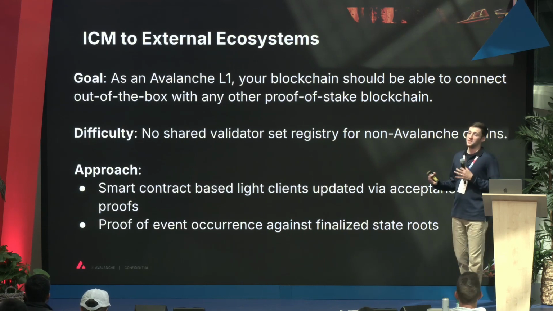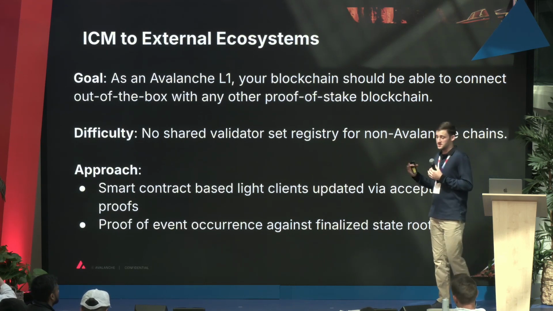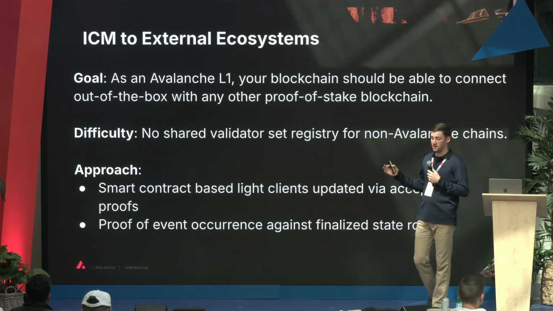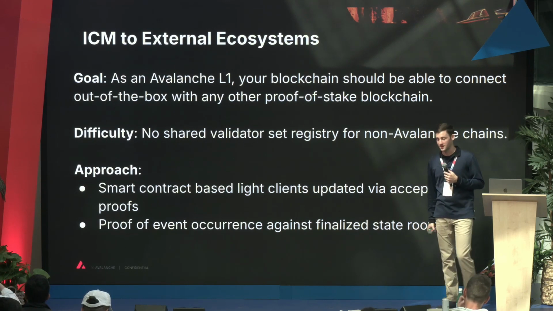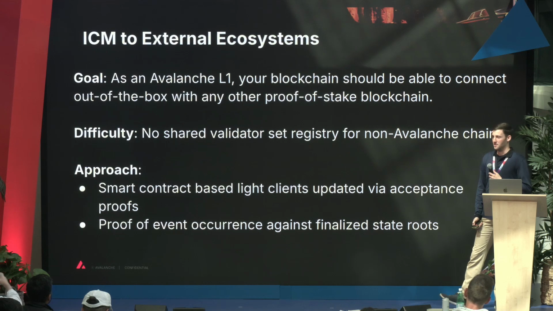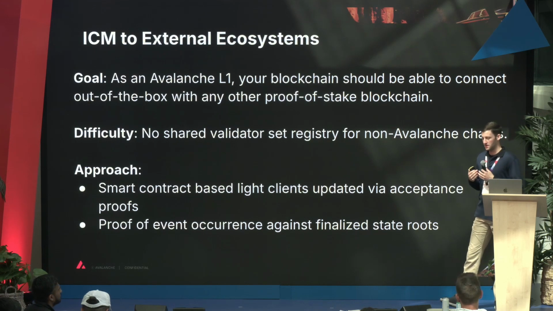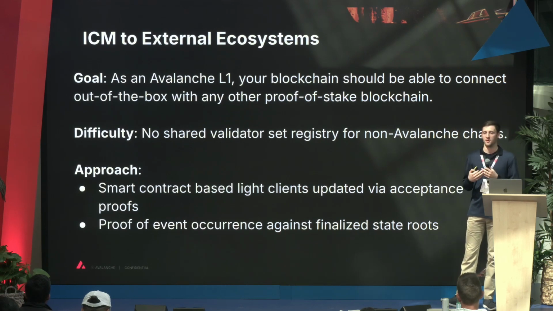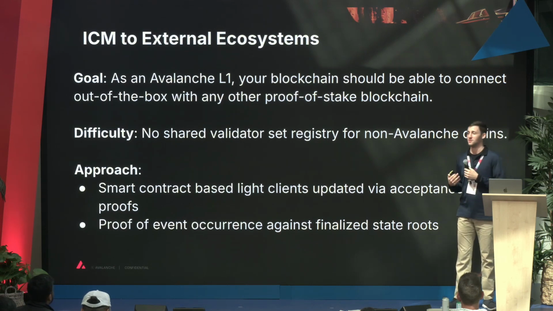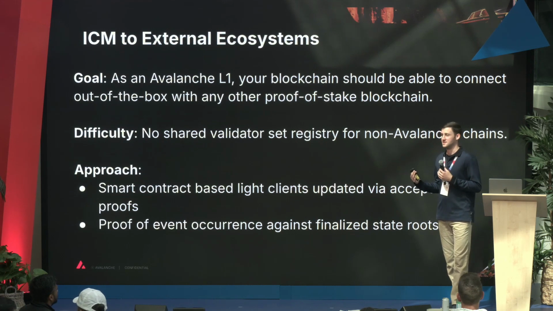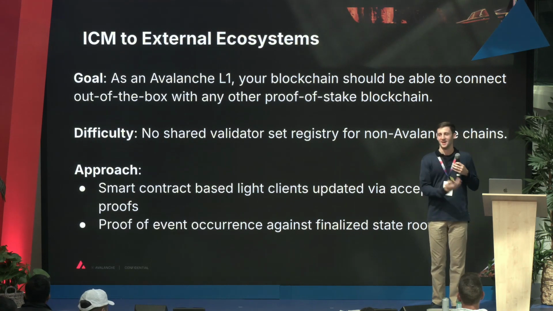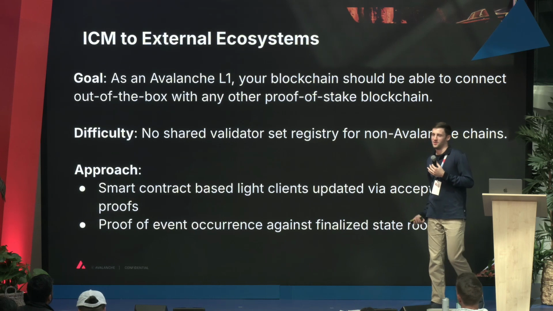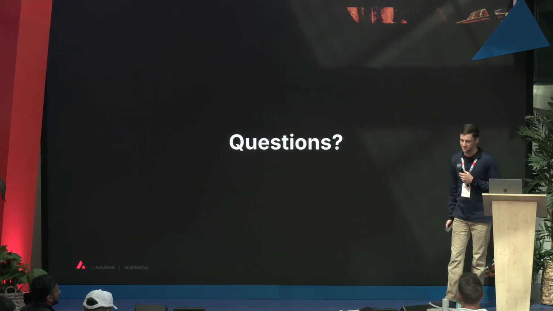And then once you know that a block has been accepted, using its state root, you can prove events that have occurred within that block using Merkle proofs. In this way, we hope to construct a primitive that will work just like ICM as far as sending and verifying messages. So if you've built contracts using ICM, they should be able to work for external chains, but under the hood, there will be different verification occurring.